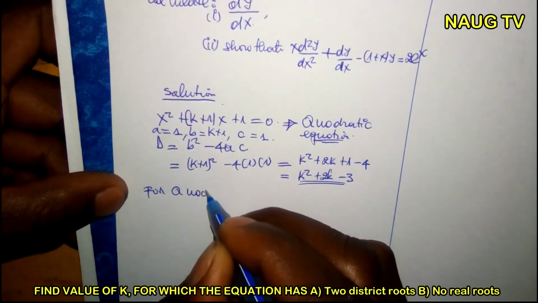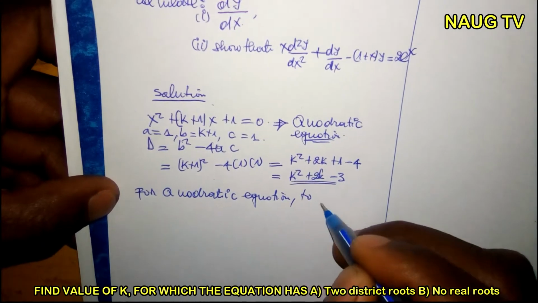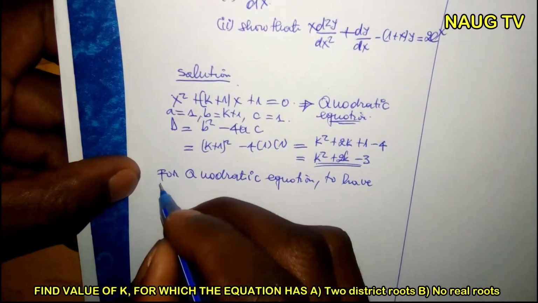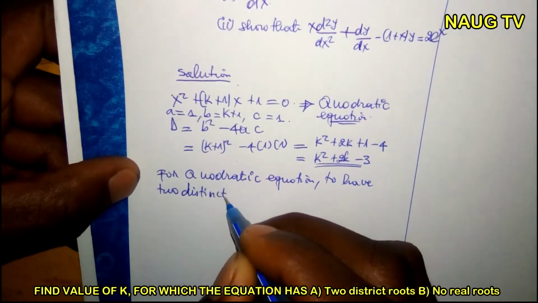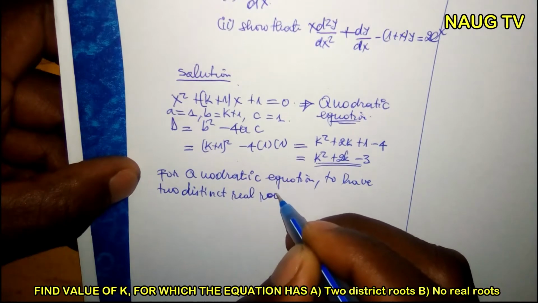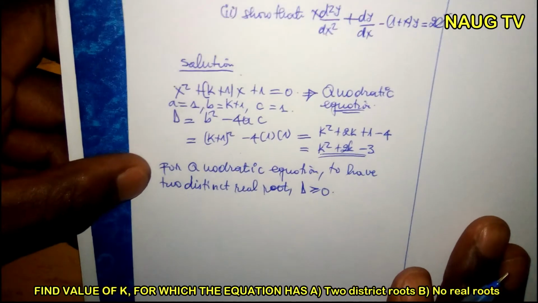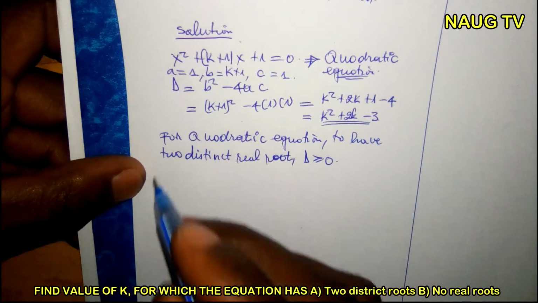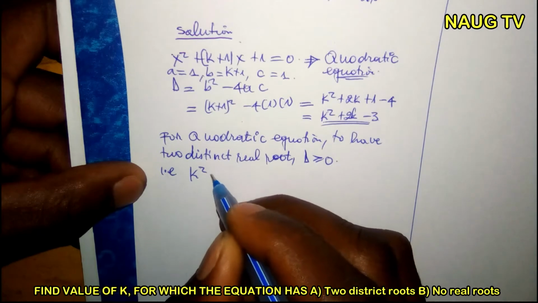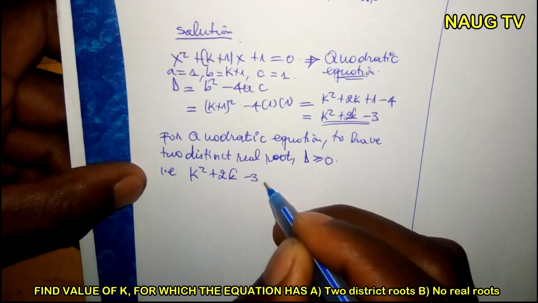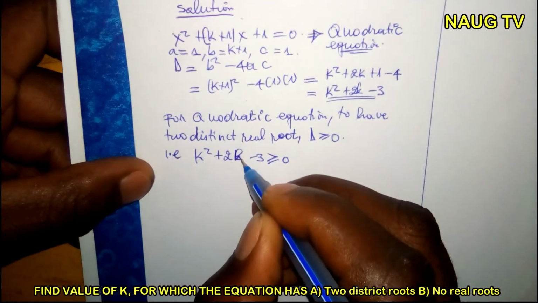So this will mean that k squared plus 2k minus 3 is equal to or greater than 0. Yes, I think that is also k.